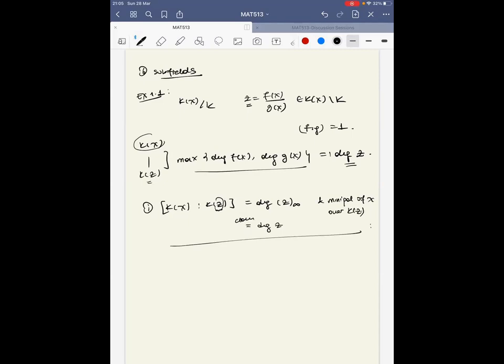So first, to be able to see these facts, let me consider the decomposition of f and g into irreducible factors. Here, p_i(x) and q_j(x) denote monic irreducible pairwise distinct polynomials.